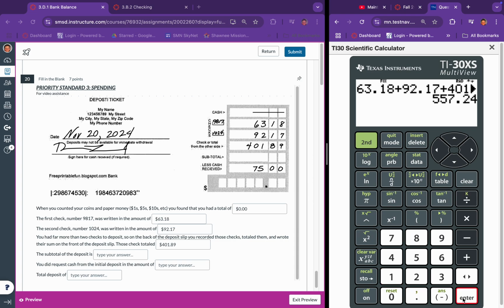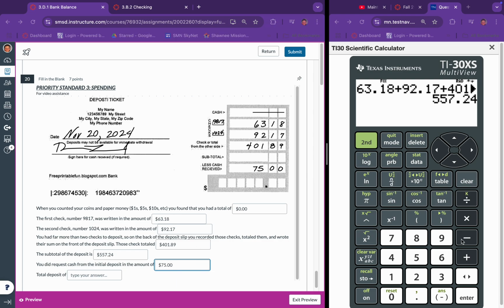So you walked in the bank today with a whole bunch of checks, and those checks totaled $557.24. So you handed all those checks over to the teller, to the cashier, and you said, here's $557.24. I would like $75 cash to put in my wallet. So you asked for $75 cash to be put in your wallet.